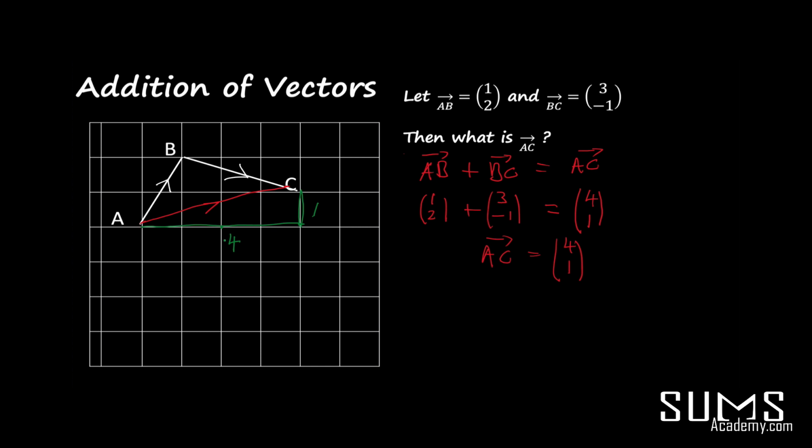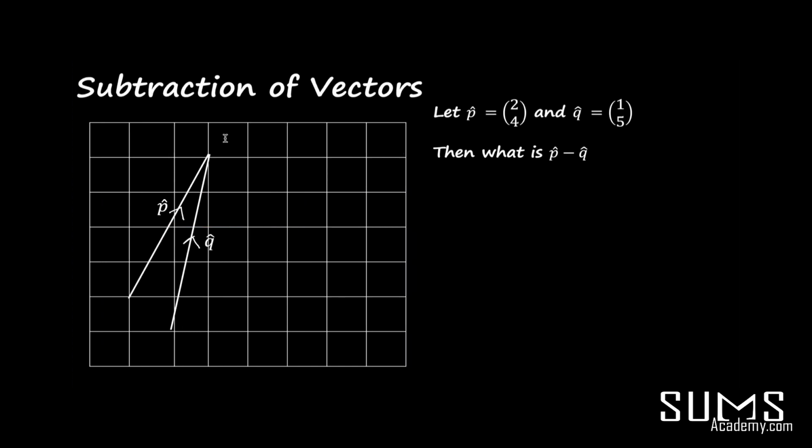But what about the subtraction of vectors? We're told that P is equal to (2, 4) and Q is equal to (1, 5). And then we're asked, what is P minus Q? Okay, so for this one, it might make more sense in your head if we re-sketch it.